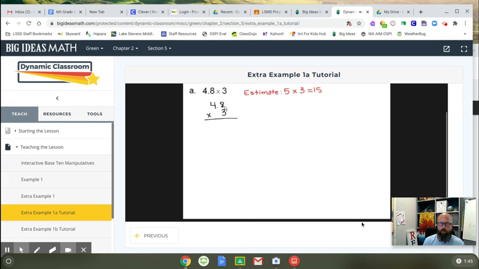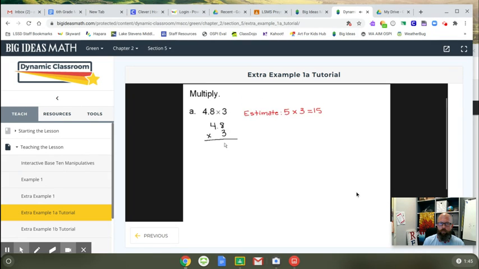So I'll multiply 3 times 8. 3 times 8 is 24. So place a 4 in the product and carry the 2. Then multiply 3 times 4, which is 12, and add the 2, which is 14. So we put 14 in our product.